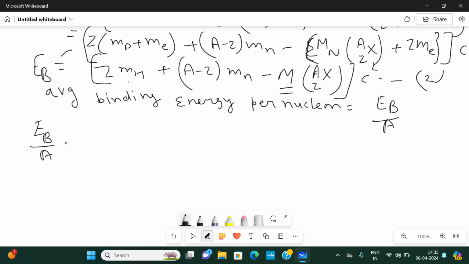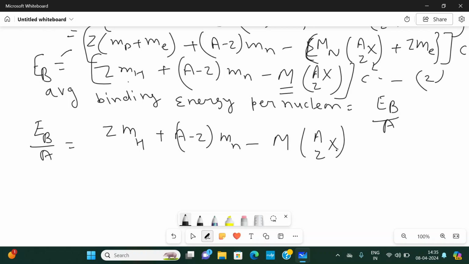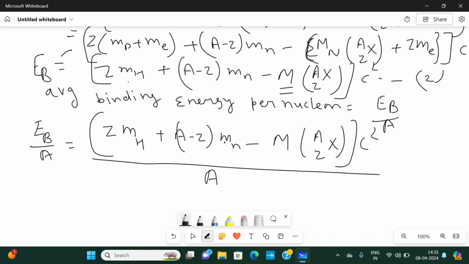Then average binding energy per nucleon will be equal to Z times mass of hydrogen plus A minus Z mass of neutron minus atomic mass of this element, into c square, by A. So this is the average binding energy per nucleon in terms of atomic mass.